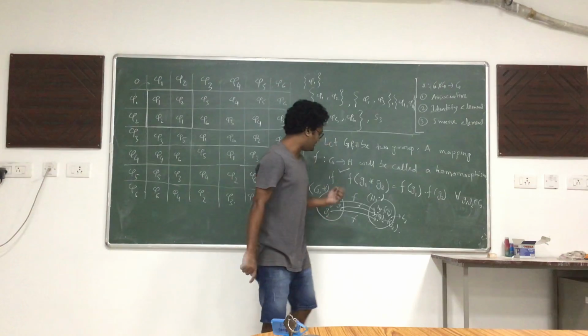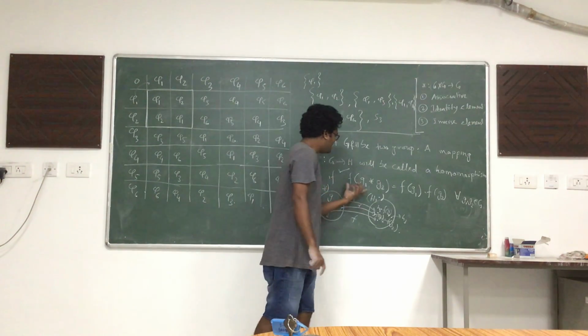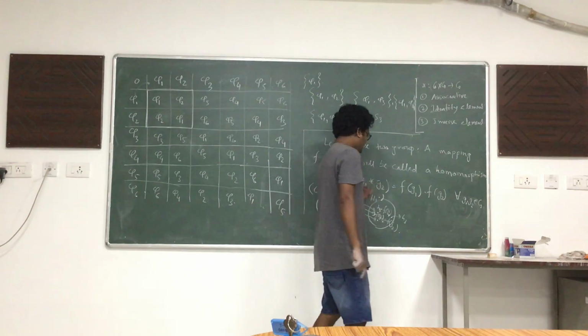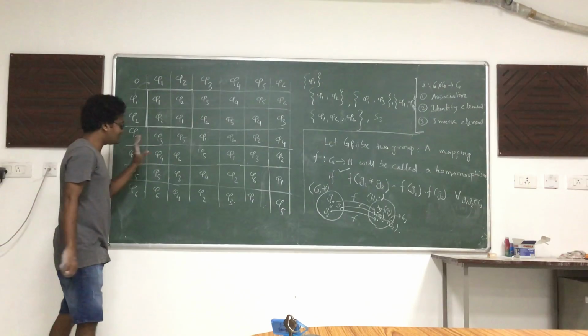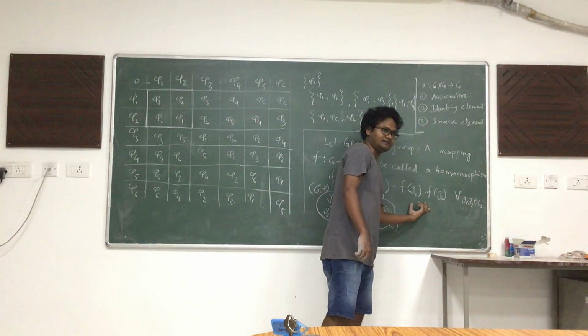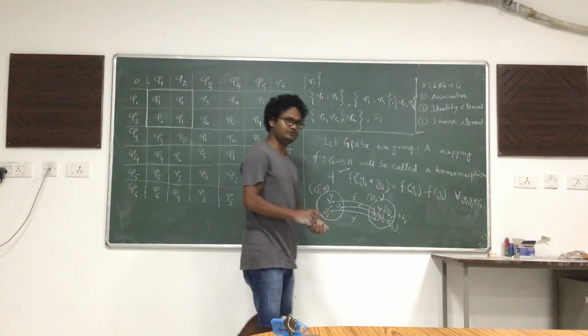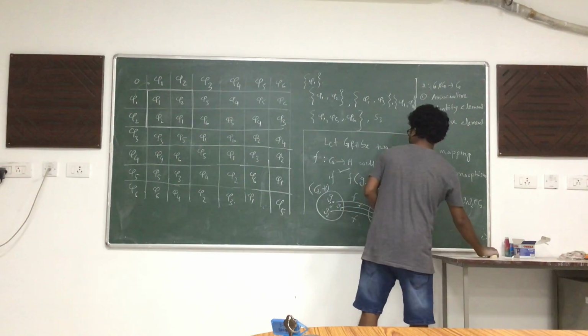Via these functions, the same multiplication table will be there, a similar multiplication table in H also. That's the kind of thing homomorphism is.